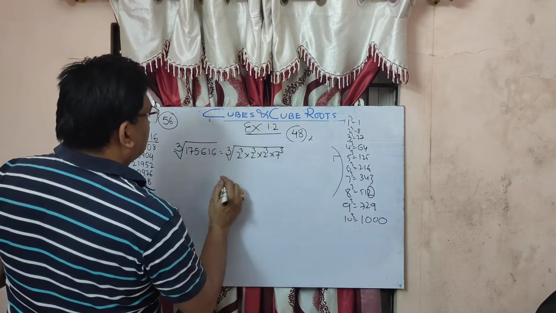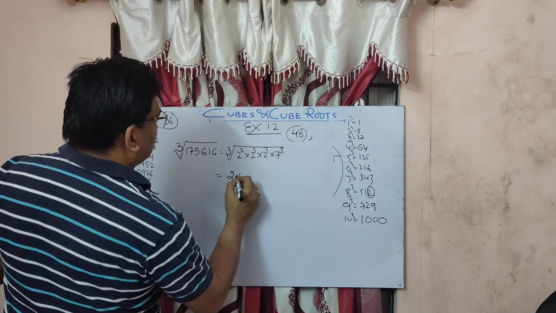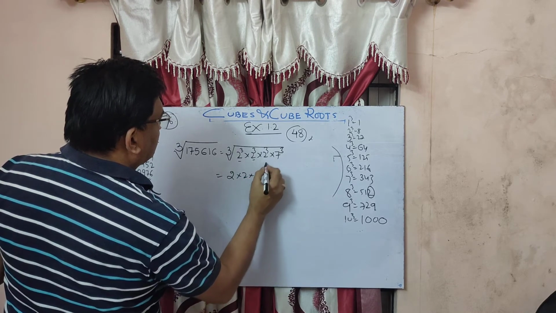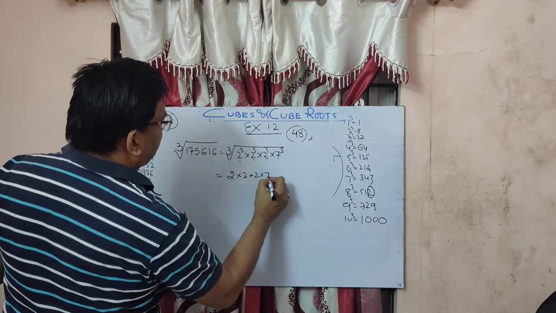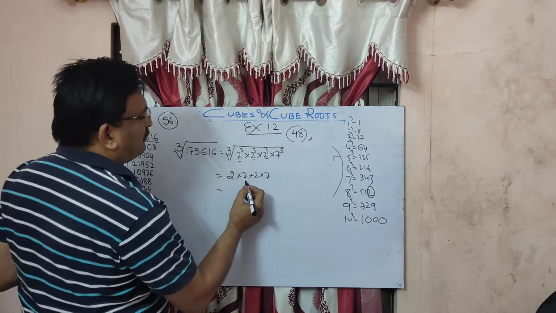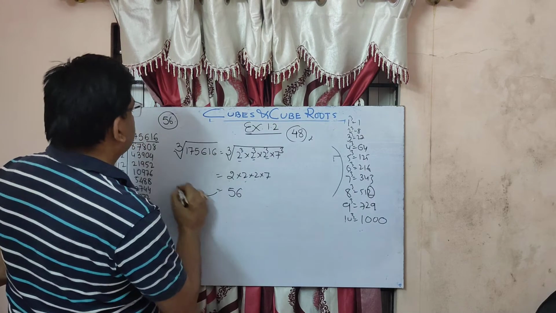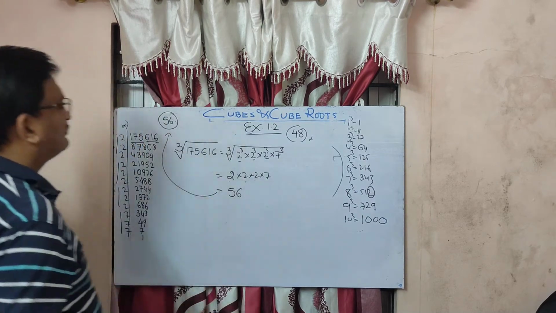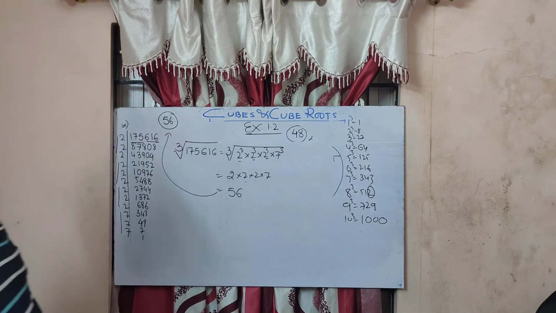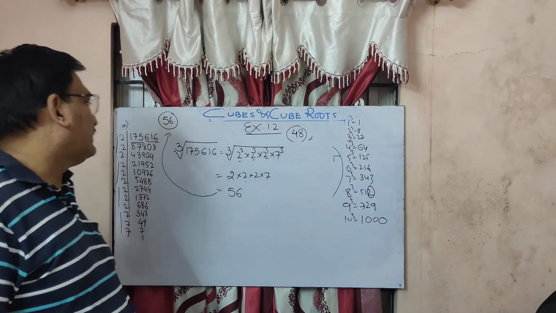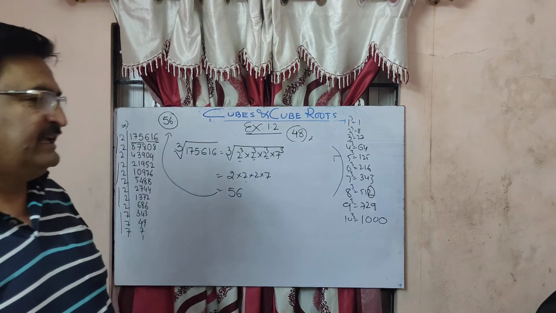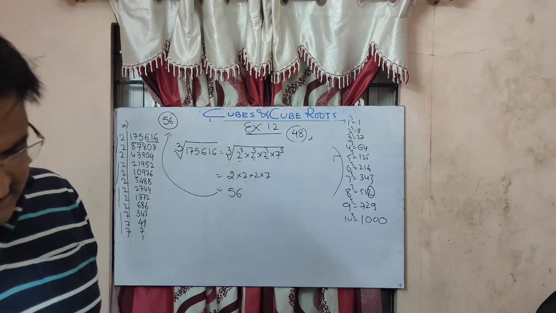So now take out 2, take out 2, take out 2, take out 7. 2 2's are 4, 4 2's are 8, 8 7's are 56. So 56 is the cube root of 175616. So this is the way.